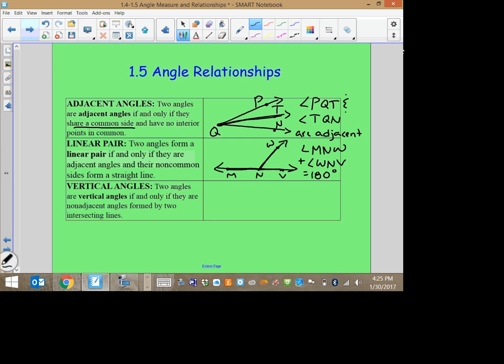So vertical angles, two angles are vertical angles if and only if they are non-adjacent angles formed by two intersecting lines. So when you hear vertical angles, think of an X. So angles 2 and 4 are vertical angles. Angles 1 and 3 are vertical angles.